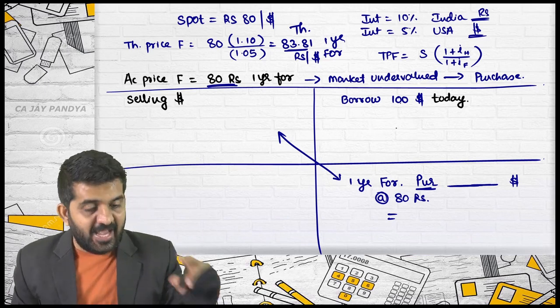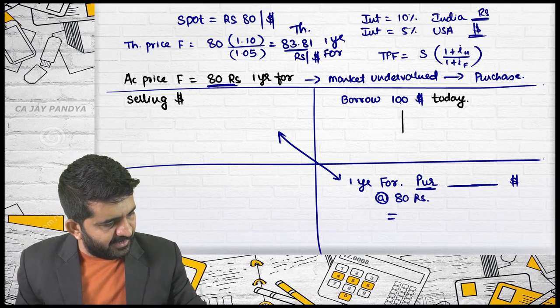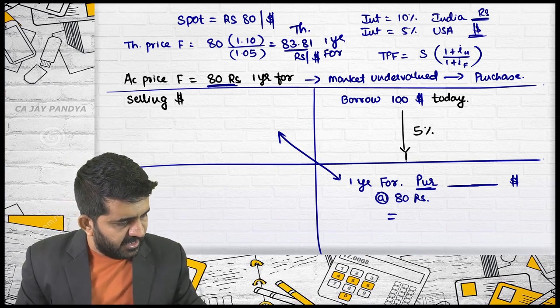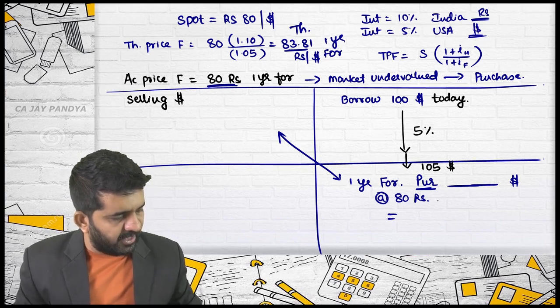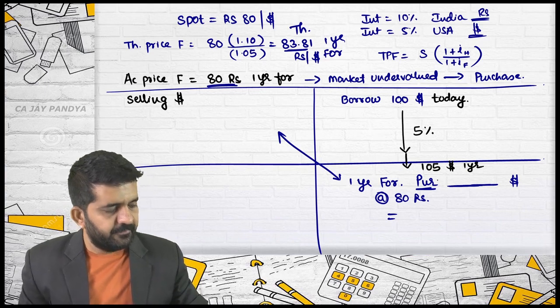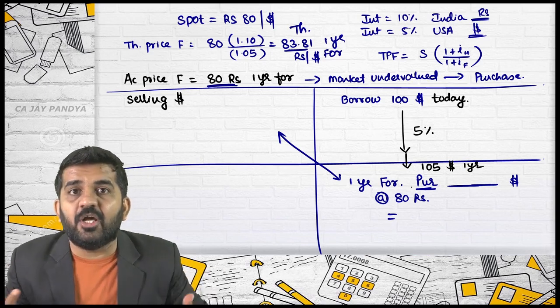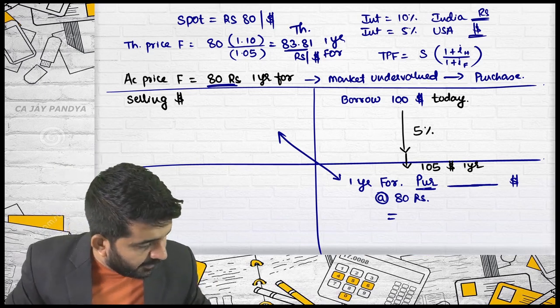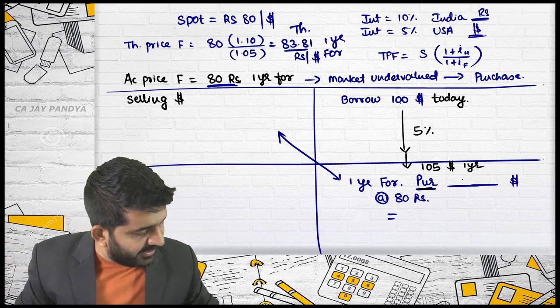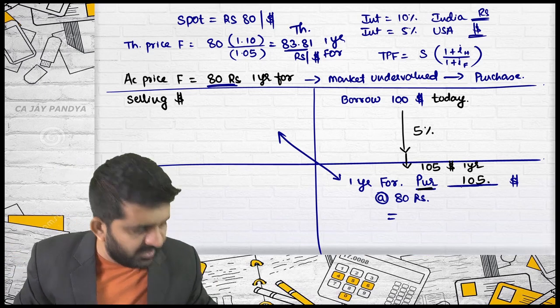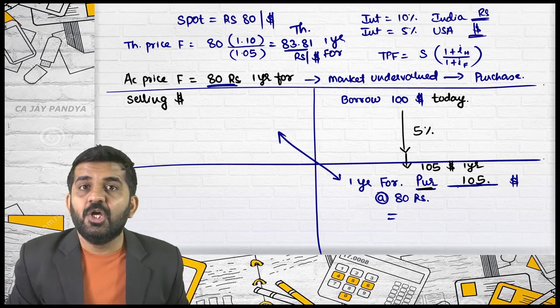As I am borrowing dollar, I will have to pay 5% interest, and I'll have to repay $105 after 1 year. How I'll repay? Try to concentrate. For repaying dollar, I should be having dollar. I have already purchased dollar, and I will purchase $105.